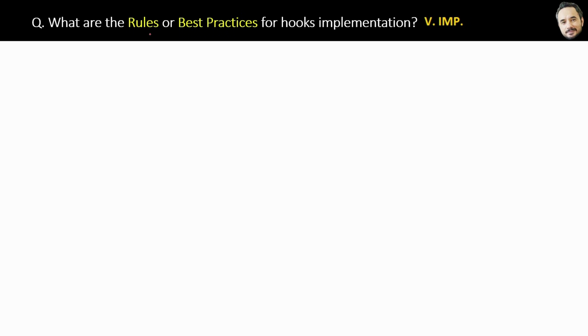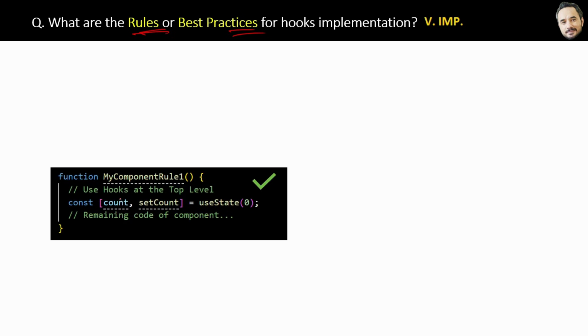What are the rules or best practices for hook implementation? When using hooks in your components, you should follow some rules or best practices to implement them correctly. The first rule is hooks can only be called at the top level of a component like this, and then you can write the remaining logic of the component, okay?